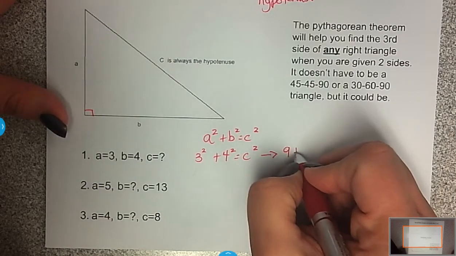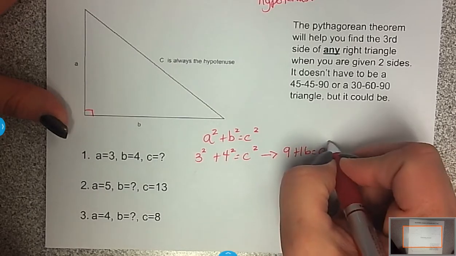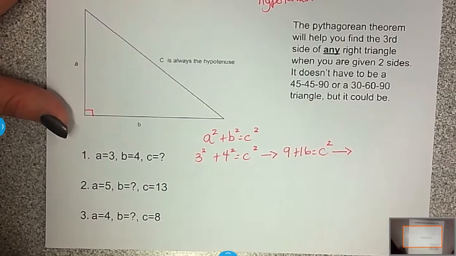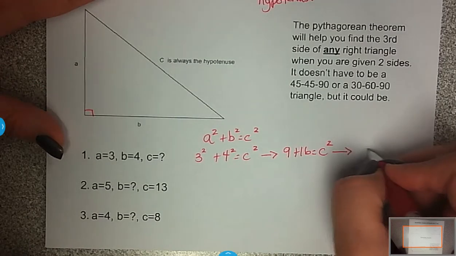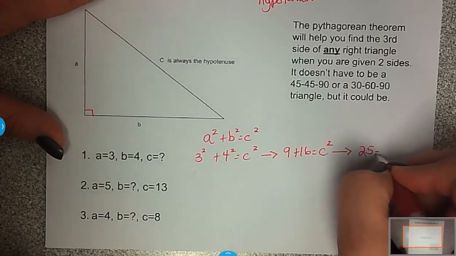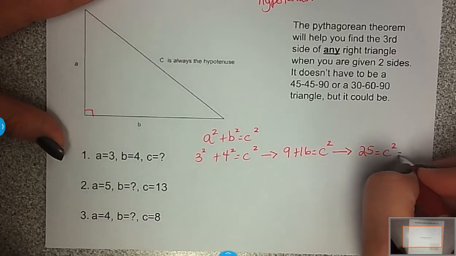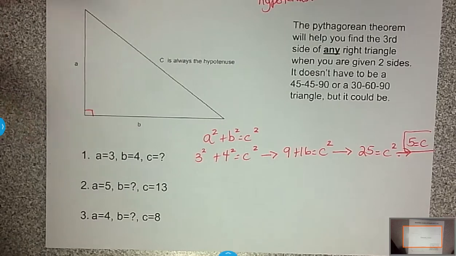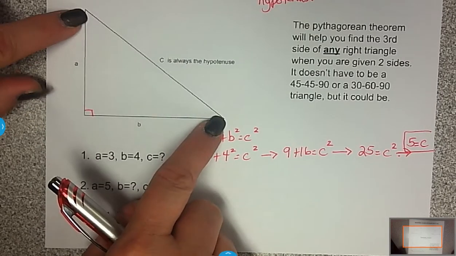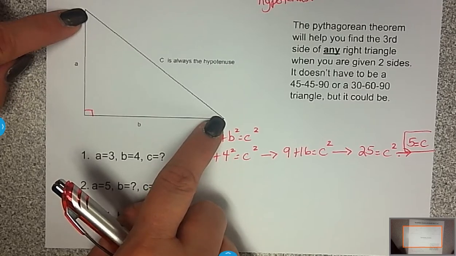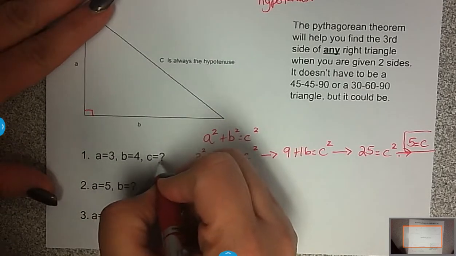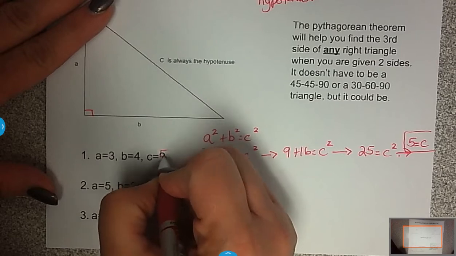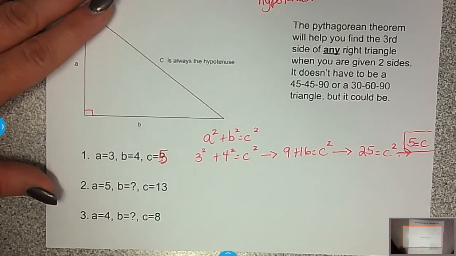So you get 9 plus 16 equals C squared. Combine your 9 and 16, so you get 25 equals C squared. And that gives me 5 is equal to C. Technically it's plus or minus 5, but since we're talking about the length of a side of a triangle, it has to be positive. So for this problem, C is equal to 5.